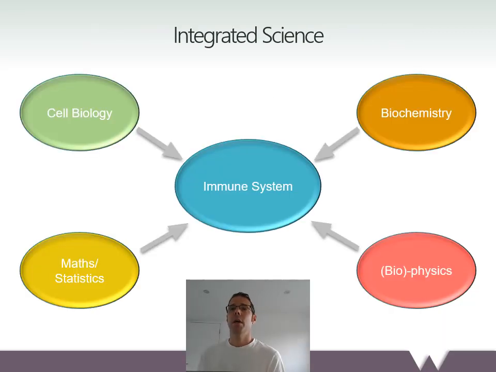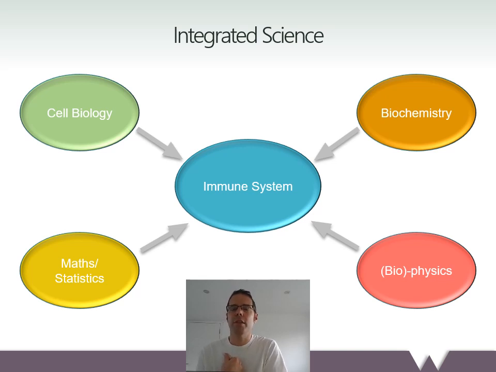So the immune system, you can study it purely as an immunology-based science, but in reality, it actually really brings together a huge diverse array of different disciplines, all trying to understand how immune cells recognize what is you and what is not you, what has infected you.